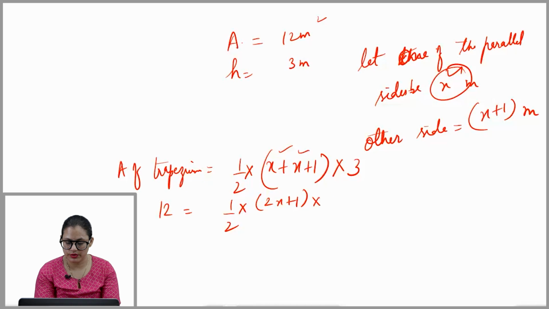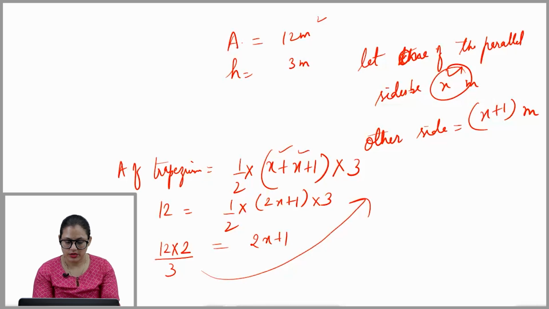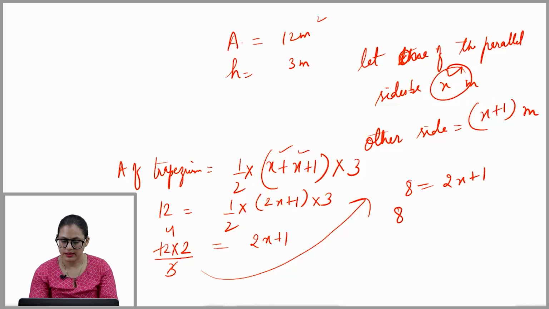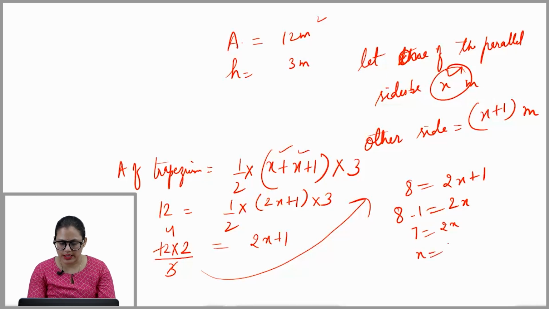Now we will transpose this: 12 into 2 and 3 here. 2x plus 1 equals 12 into 2 divided by 3, so 3 fours are 12, 8 equals 2x plus 1. 8 minus 1 equals 2x. 7 equals 2x, and x equals 7 by 2, or x equals 3.5 meters.